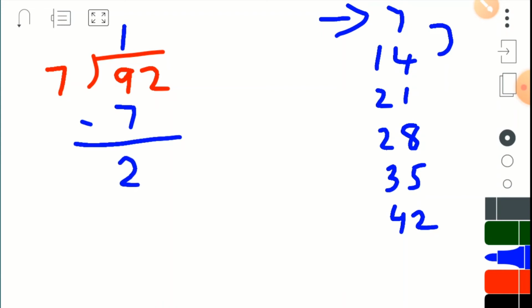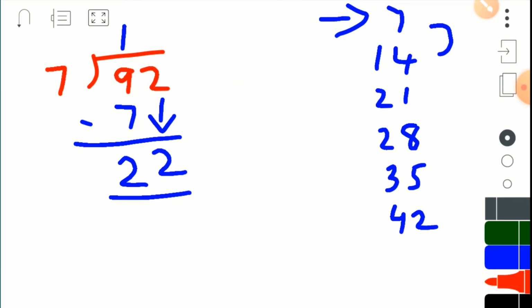The remainder is 2. Next number, carry down 2. Now the total number is 22. We will check whether 7 has 22. No, but it has a smaller number, 21. Always you have to look for the smaller number, not the bigger number. So 21 is smaller than 22. So how many times? 1, 2, 3.